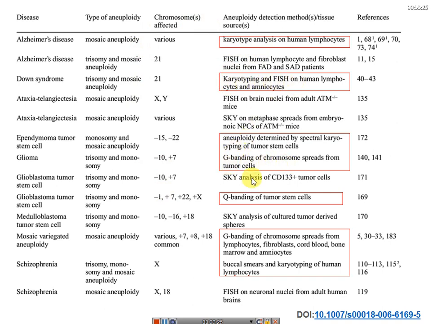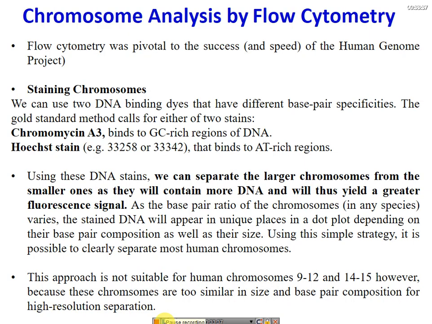Q banding. So these kinds of banding methods are very useful for detection of any malformation or any abnormality at the chromosomal level. Nowadays, we can isolate single individual chromosomes using flow cytometry also.